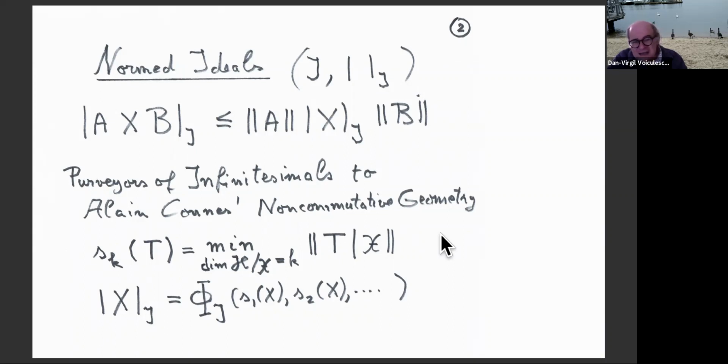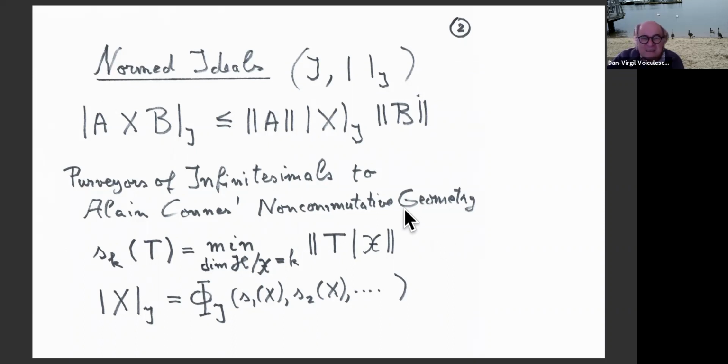It's an ideal of compact operators among the bounded, in the algebra of all bounded operators on a Hilbert space. I'm not going to give all conditions, but one key thing is that besides the uniform norm, there is this second norm.